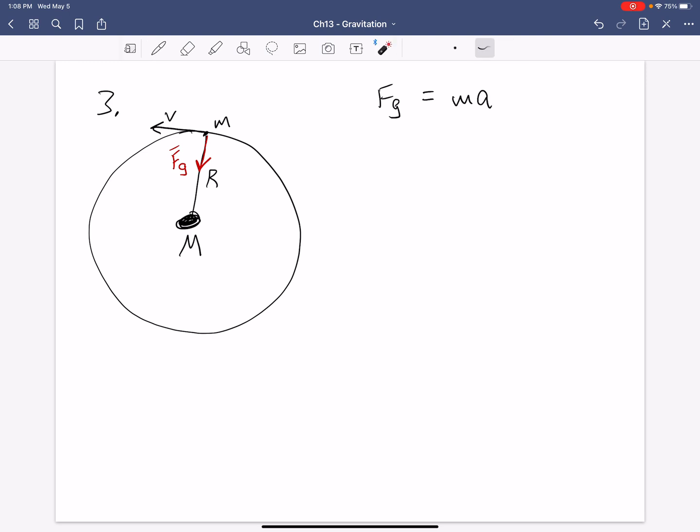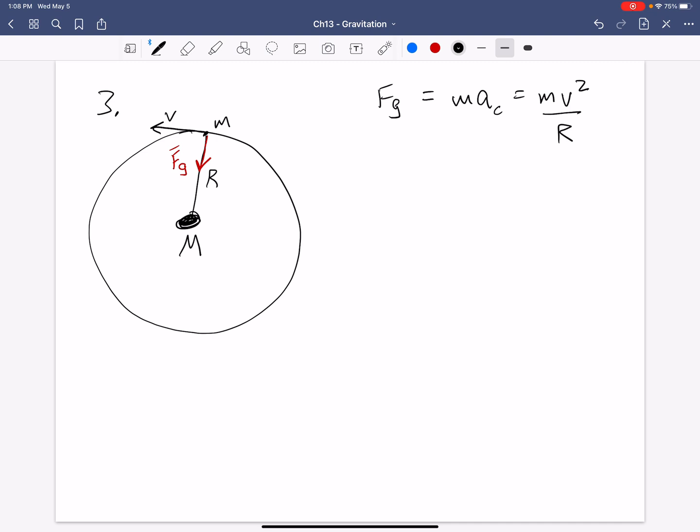However, because this is a circle, what kind of acceleration is this? It's a centripetal acceleration, right? So that means it's also written as mv squared over the radius of the circle, which is capital R.